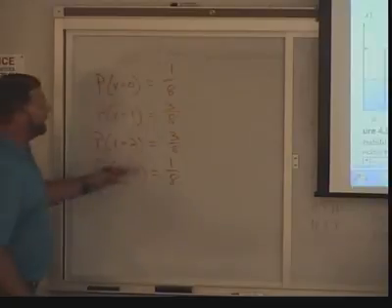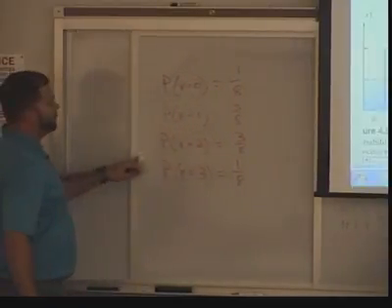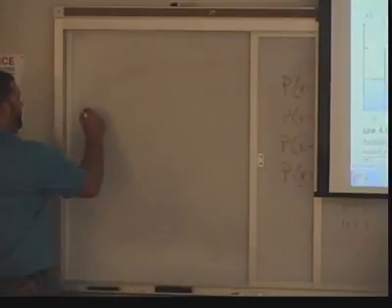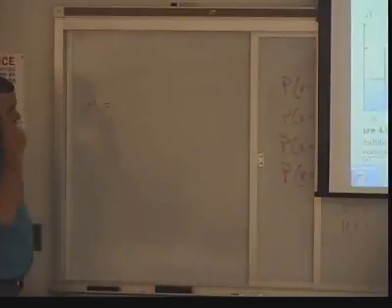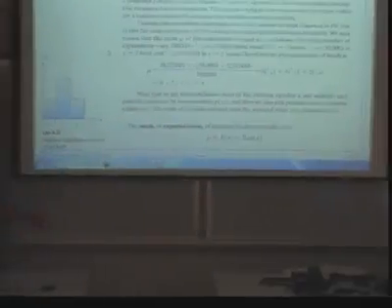So what's our average number of heads we would expect from this experiment? What's our mean? Well, it was defined as the x value, the random variable, times its probability. X times p of x.